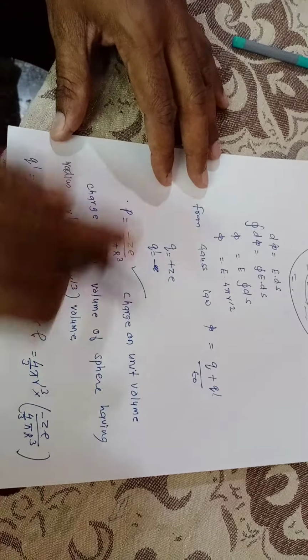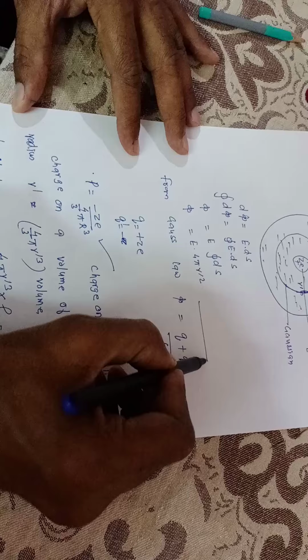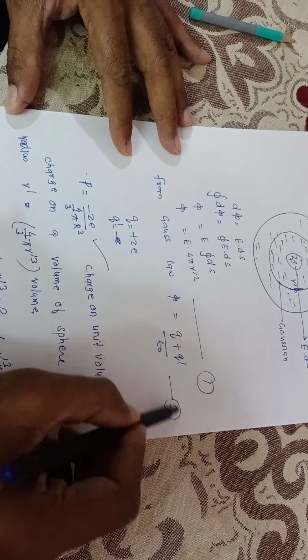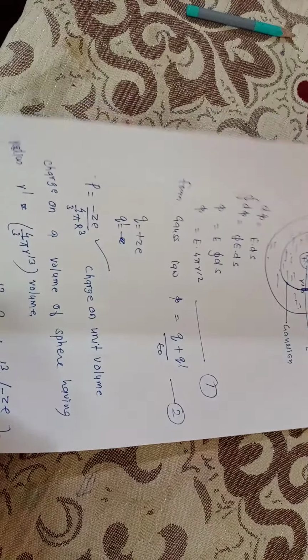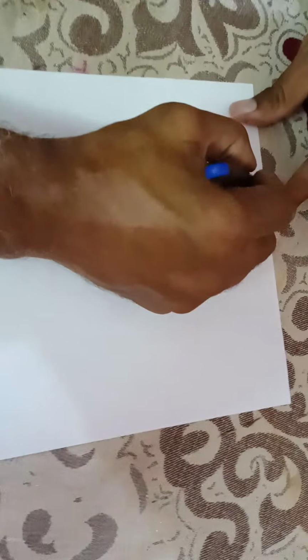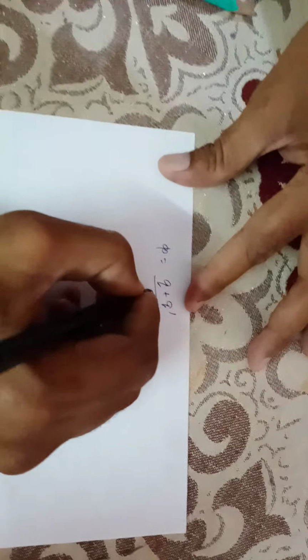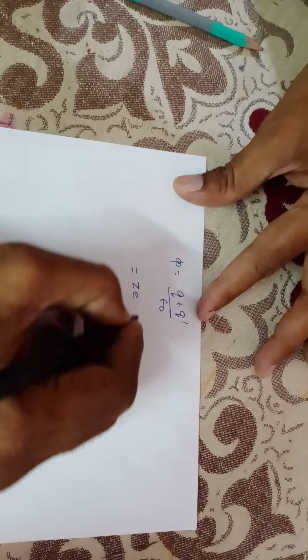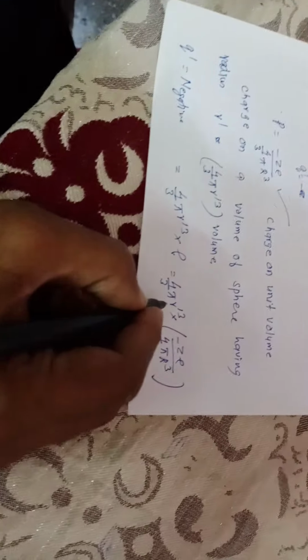So now Gauss law will be, here you can write equation 1, this is equation 2. So this q and q dash is negative charge. Flux phi equal to (q plus q dash) upon epsilon 0. It is Ze and it is plus. Now how much is it? It is this much.